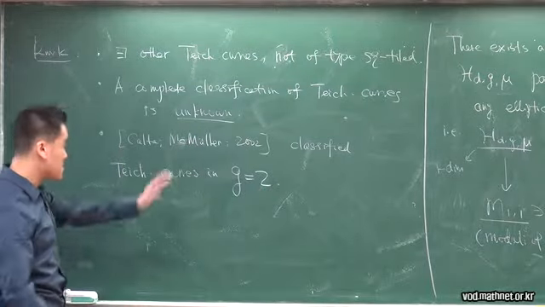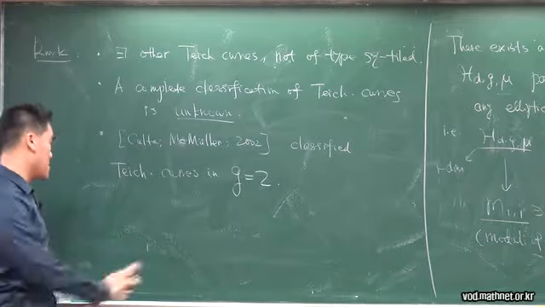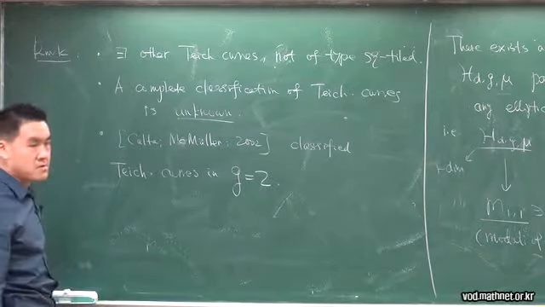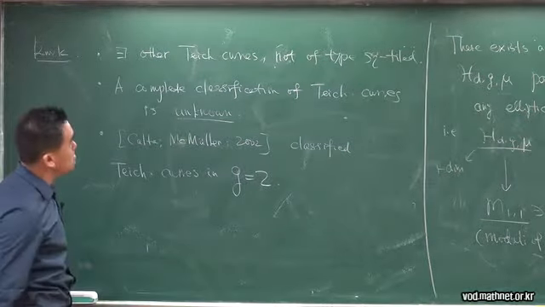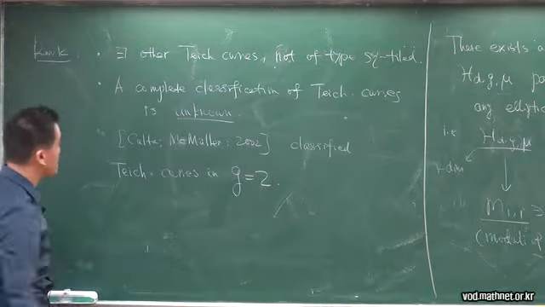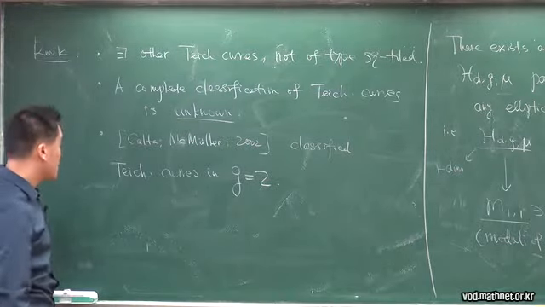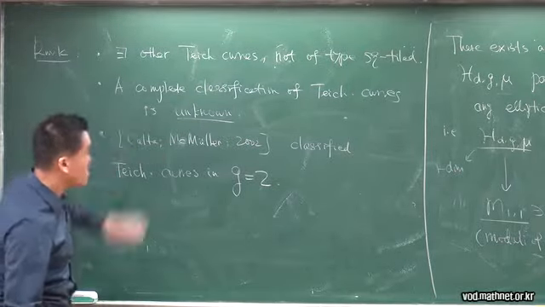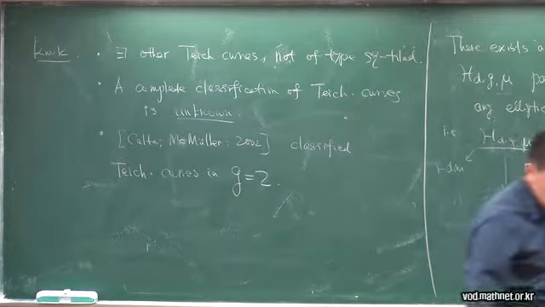In other words, for genus 2, we essentially know all possible types of Teichmueller curves. We can really write down the generating one-forms. And in higher genus, as I mentioned, the complete picture is still missing.